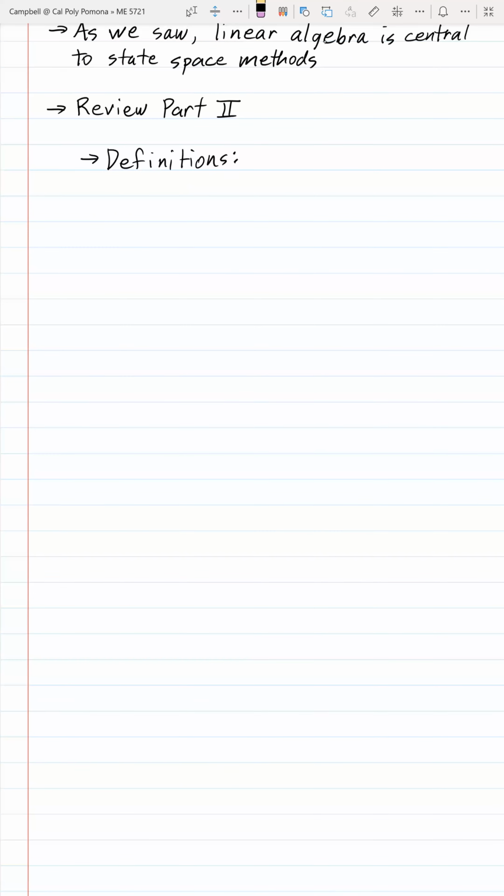So the first definition is a linear equation. And here I'll just shorten that to equation, or EQN. And what is a linear equation? It is a linear combination of, for our class, we'll deal with constant coefficients.